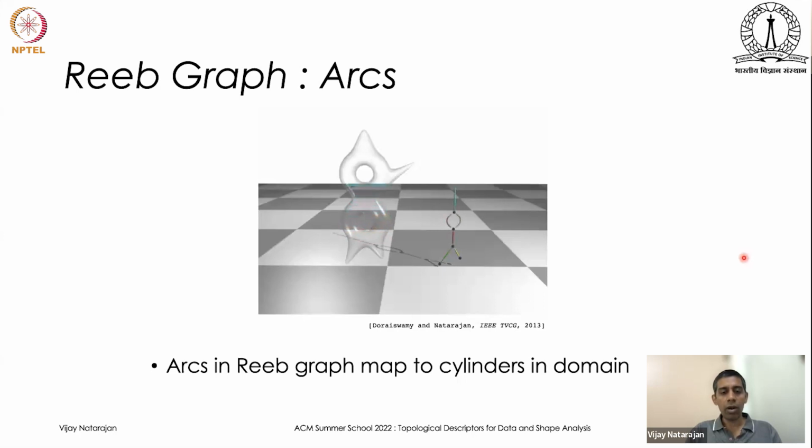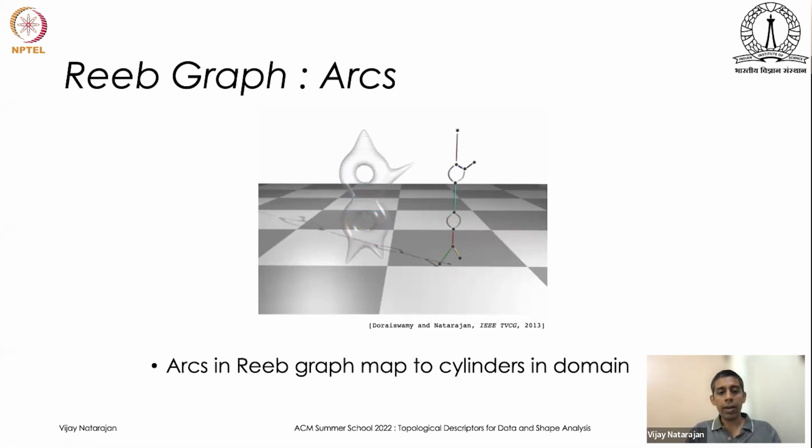So here is a more involved example with multiple merges and splits and the corresponding Reeb graph on the right. Every arc in the Reeb graph corresponds to a collection of, so let me play that video again. It represents a collection of level sets. The colors of the level set components and the arcs match.